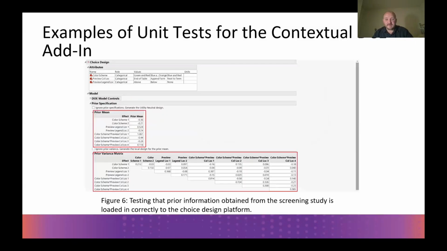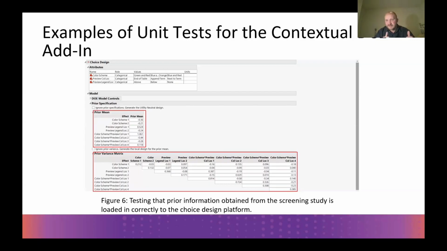And lastly, this is an important one. We wanted to make sure that the prior information that we were loading into the choice designer was correct. And we tested that against the output of the choice analysis platform.